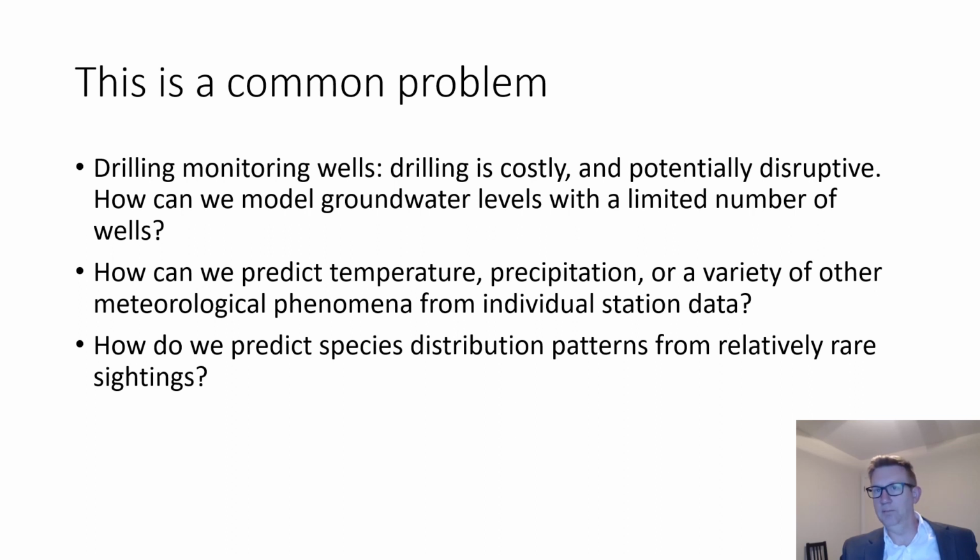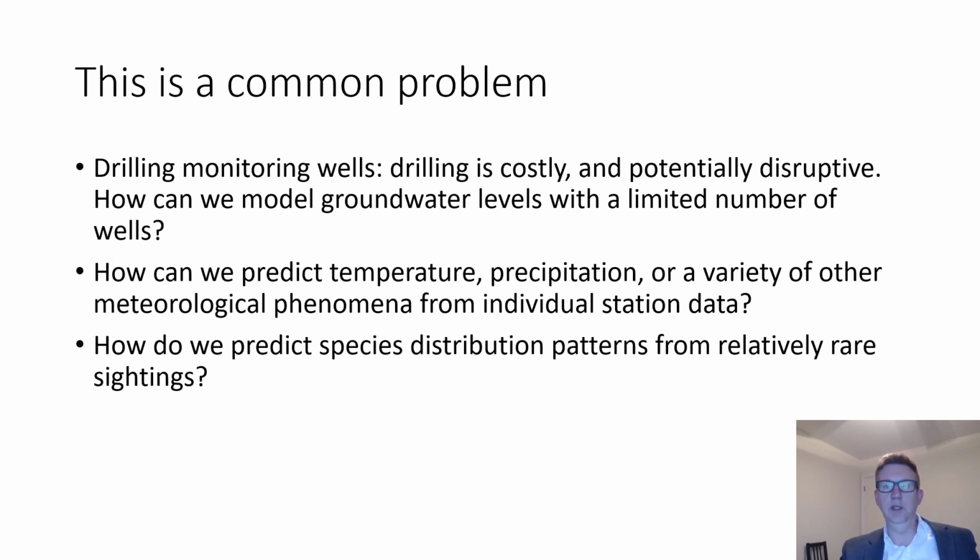Every well that we dig has a potential for even injecting things into the water table, so we want to be a little bit careful about that. And so we want to take the small number of observations that we have and make estimates of what's going on in our watershed.